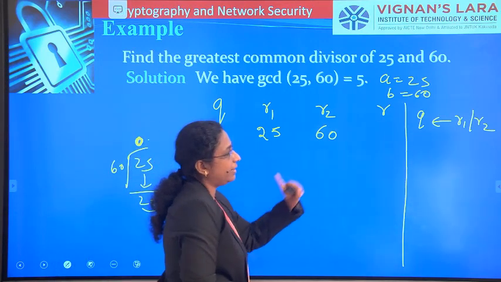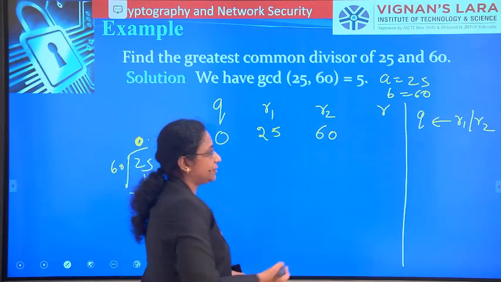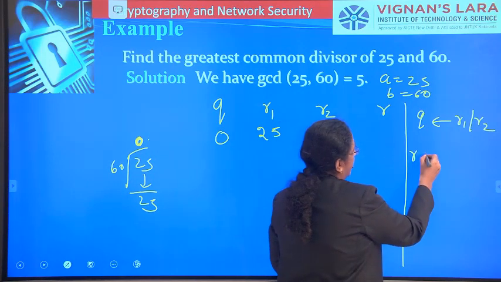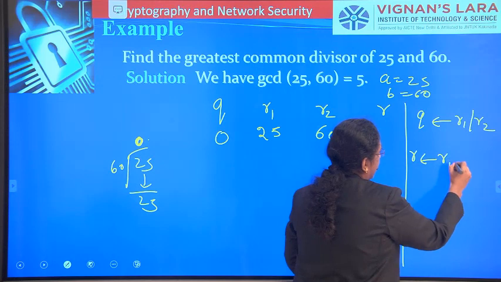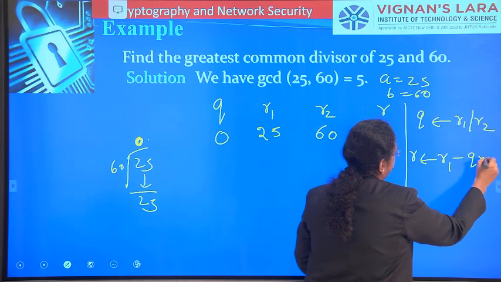After that we have to calculate R. What is your R value? R equals R1 minus Q into R2.